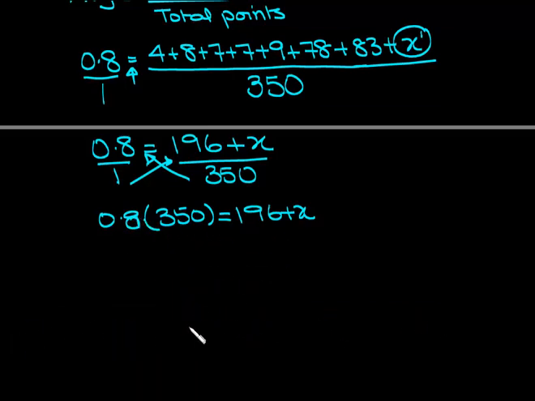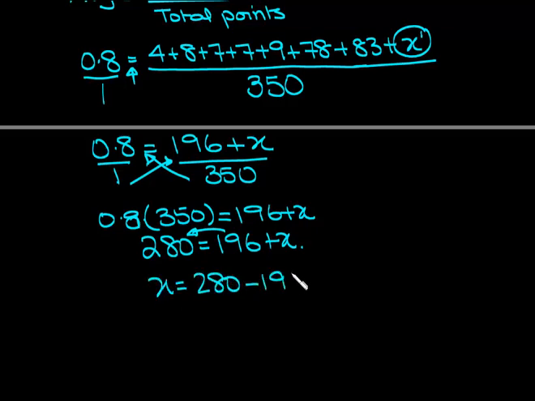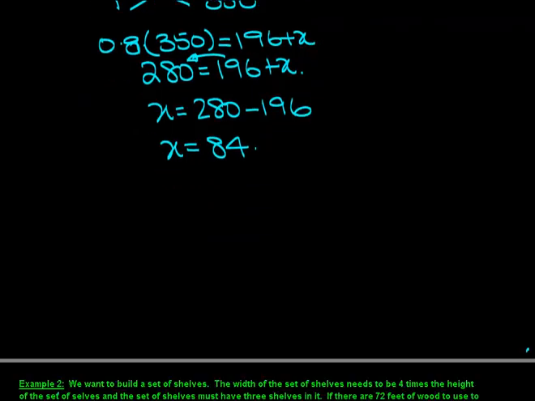So let's do the rest. So 0.8 times 350 is going to be 280, which is equal to 196 plus x. So you move the 196 to the opposite side, so we get x is equal to 280 minus 196. So we get x is equal to 84. Okay, so the student needs to score an 84 on the third test to get a B in the class, and that's possible because the test is out of 100 points.